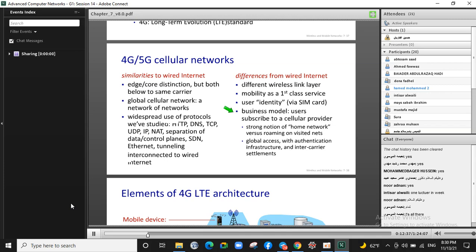In a wired network, for example if I'm using an ADSL connection, I should connect to the ISP using my public, wired telephone number.